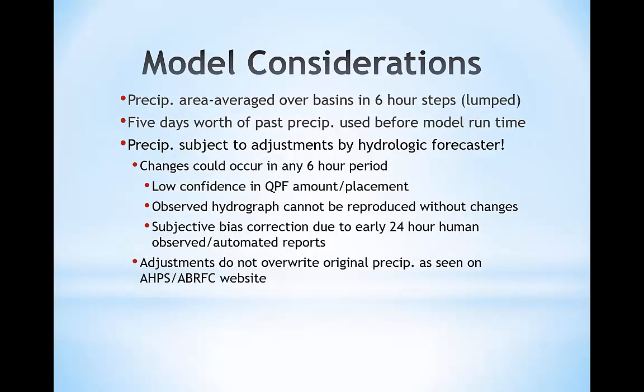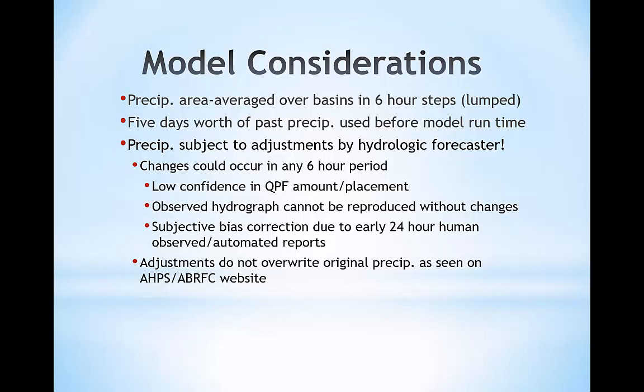As a final reminder, our hydrologic model is lumped, meaning precipitation is area averaged in 6-hour time steps over the smaller scale basins that potentially contribute water to the basin outlet forecast point. Therefore, significant spatial variation in precipitation distribution throughout the basin can only be accounted for subjectively by the hydrologic forecaster, which again will be covered in future presentations.